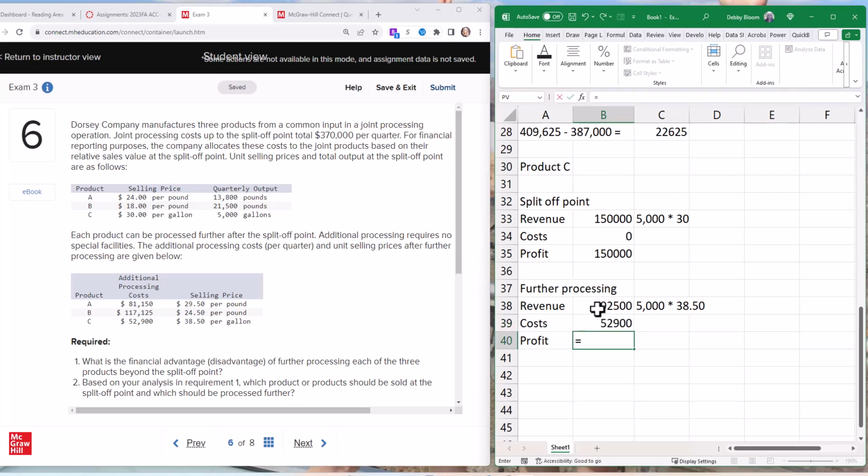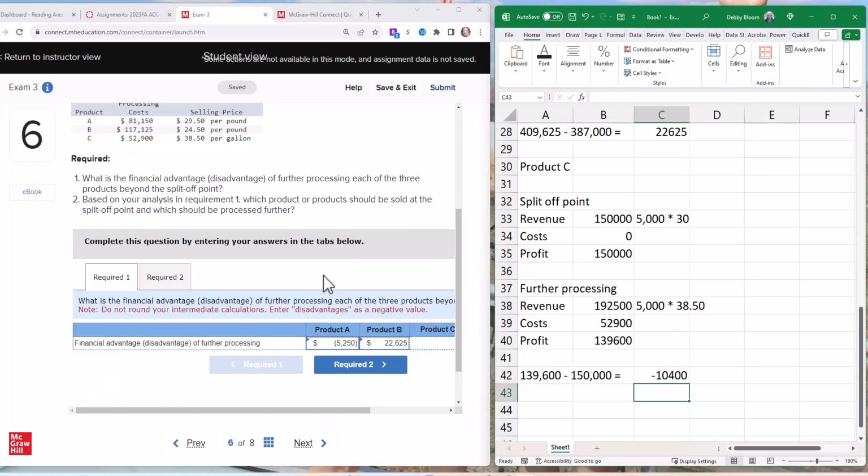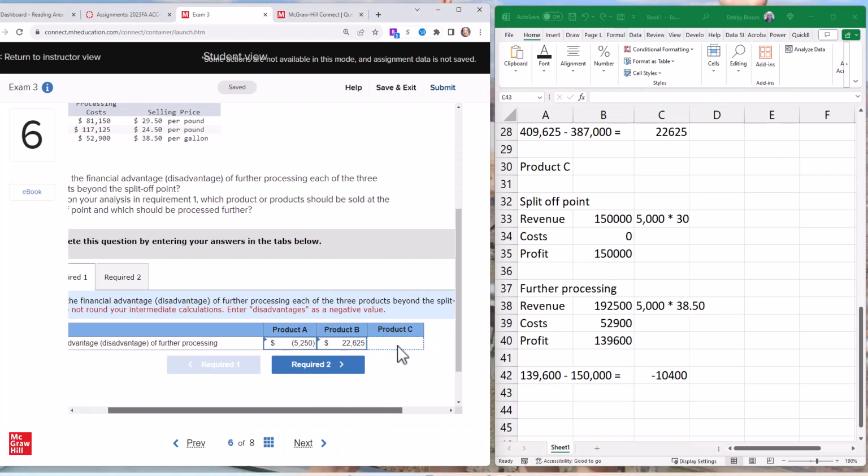Profit: 192,500, subtract 52,900. We have a profit of 139,600. So it looks like in this case we lose money by further processing. So we take the 139,600, subtract the 150,000, and that is our answer for C. It is a disadvantage to further process. We would lose 10,400.